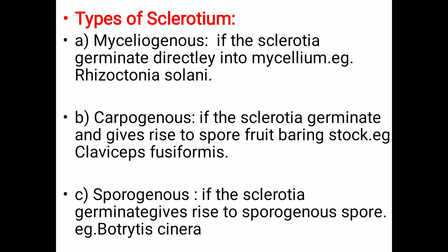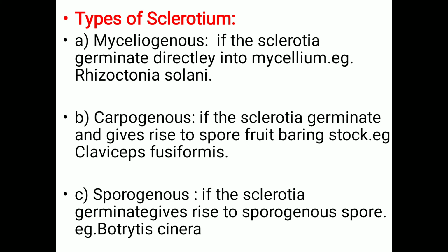And the third one is sporogenous. If the sclerotia germinate and give rise to spores, that means after the germination of the sclerotia it produces different spores, then it is called sporogenous sclerotia.